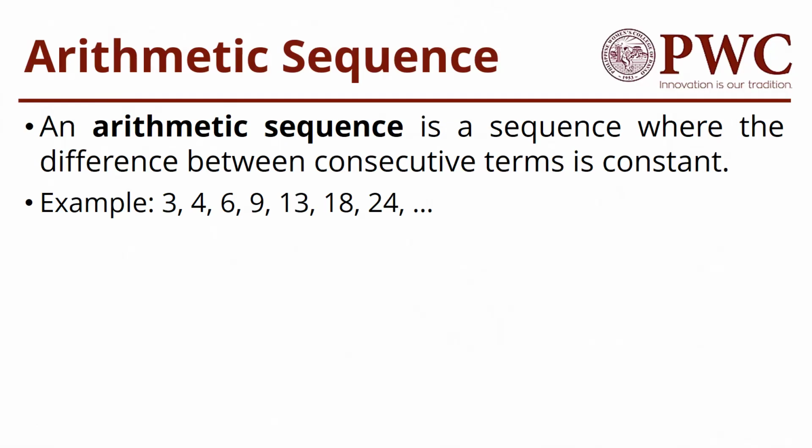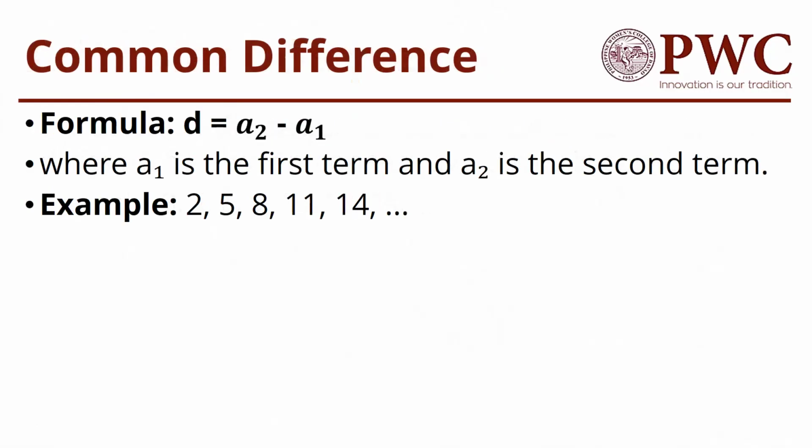Now, the consecutive terms have a constant addition or subtraction, or we should say common difference. Now let's go with the term common difference. So the formula for common difference is just a sub 2 minus a sub 1, where a sub 1 is the first term and a sub 2 is the second term.